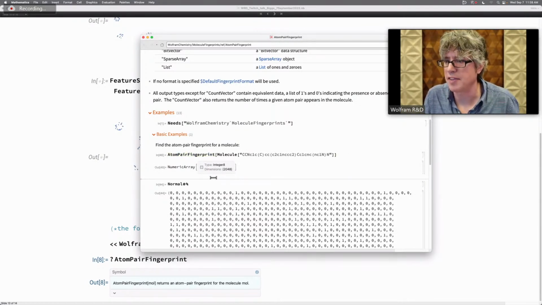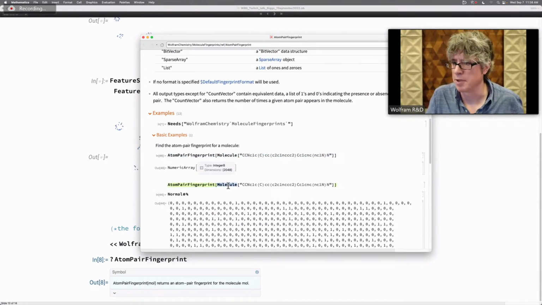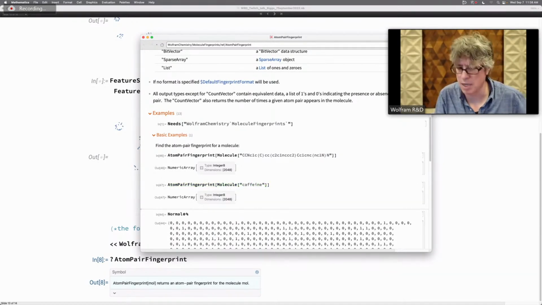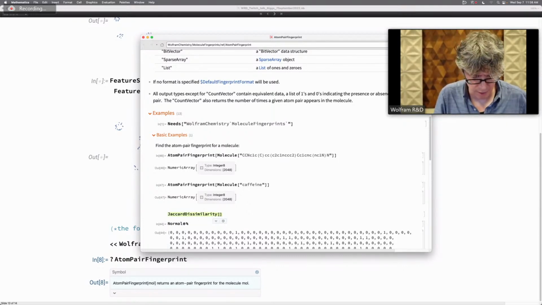And then you can take that numeric array. Let's make a molecule, caffeine, and then I can take the Jaccard dissimilarity of %47 and %46.